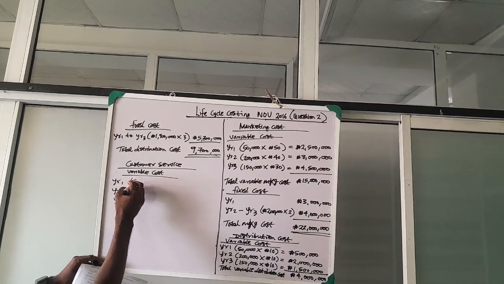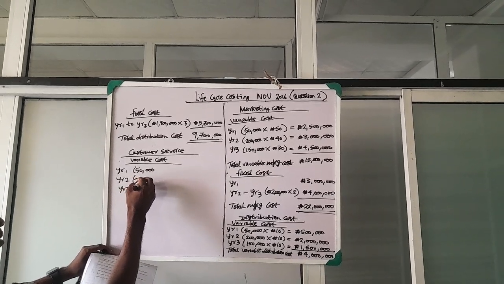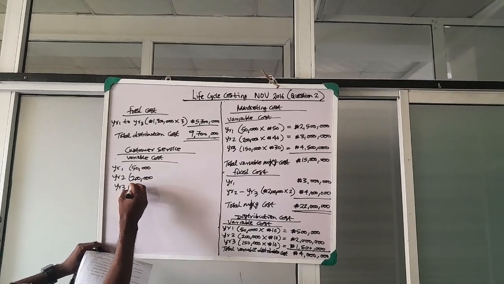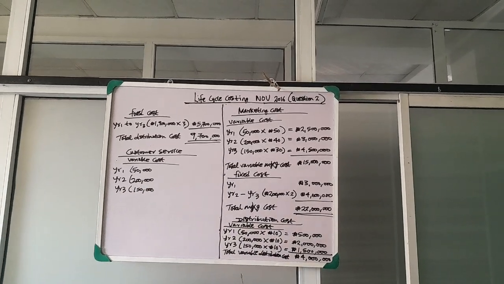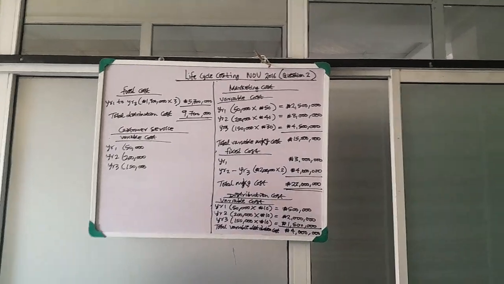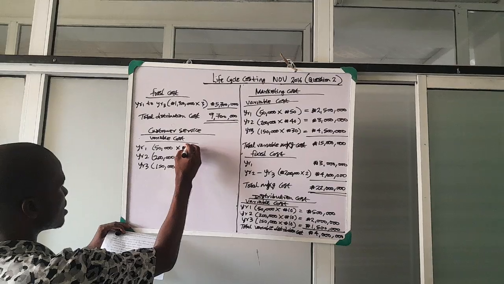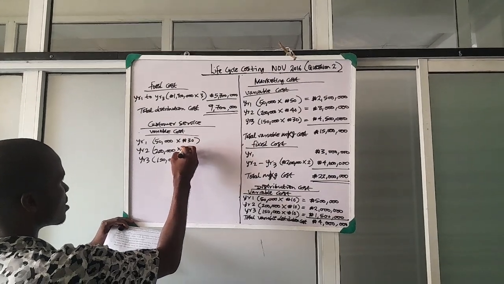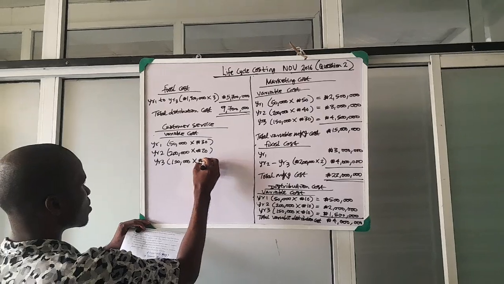For year 1, we'll have 50,000 units. Year 2, we'll have 200,000 units. Year 3, we'll have 150,000 units. So we'll multiply by the unit variable cost. The variable cost per unit for year 1 to year 3 under customer service is 30, 20, and 20. So this will be times 30 naira, times 20 naira, times 20 naira.